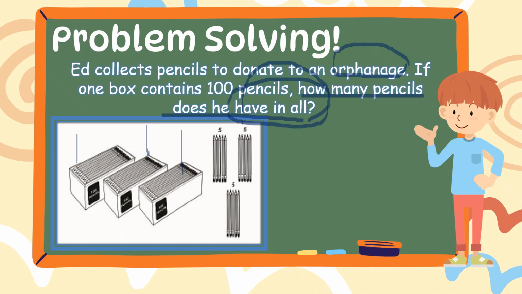All right, 100 plus 100. What's the answer? 300. All right. We have 300 in those boxes. Plus, how many do we have here?